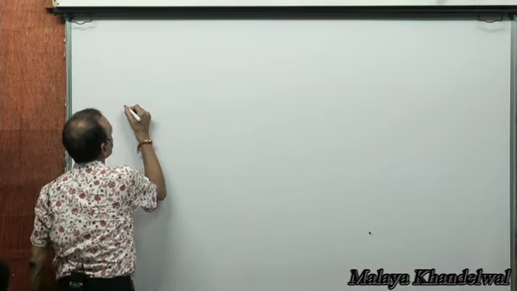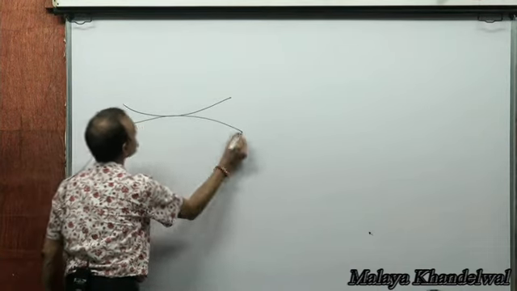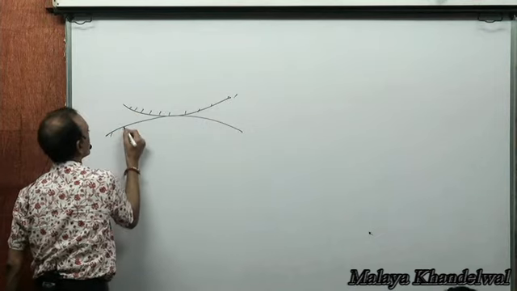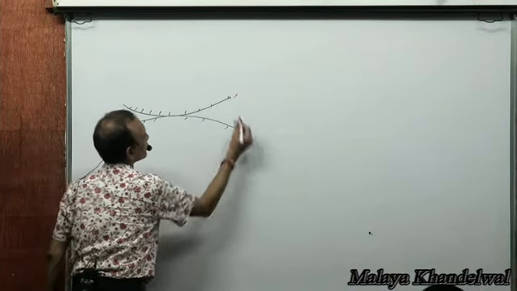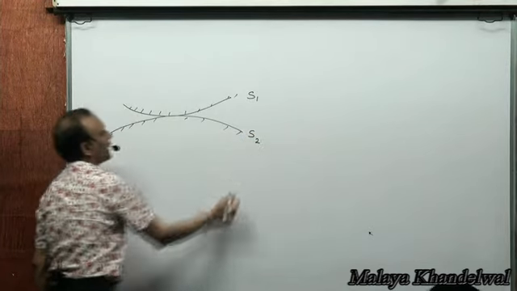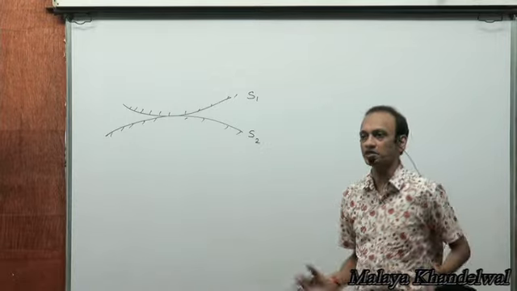when two surfaces, say surface 1 and surface 2, are in contact. These are two surfaces in contact.